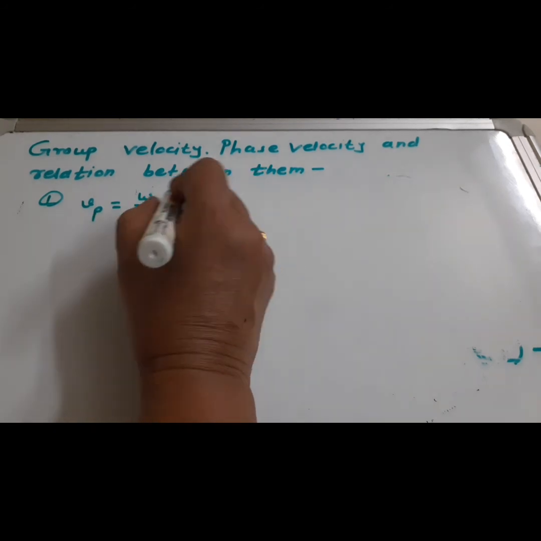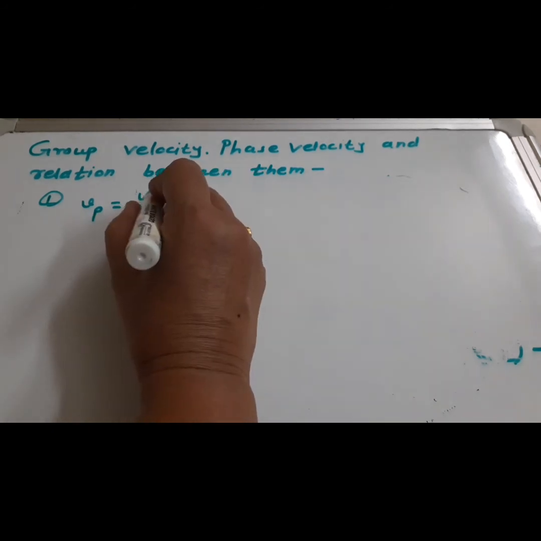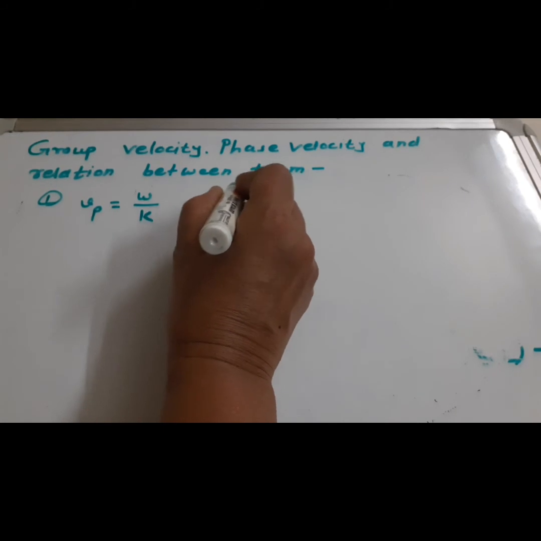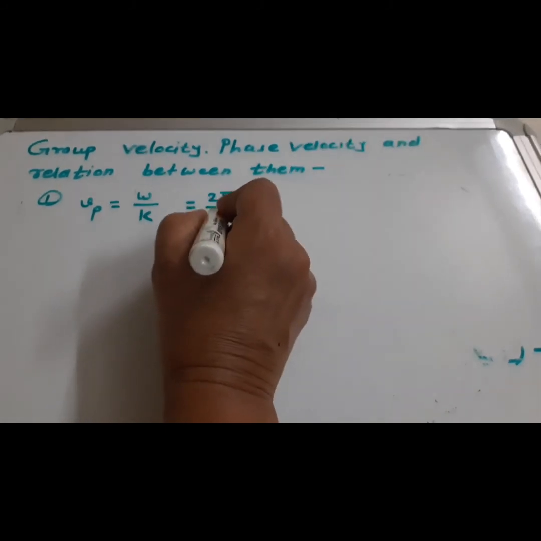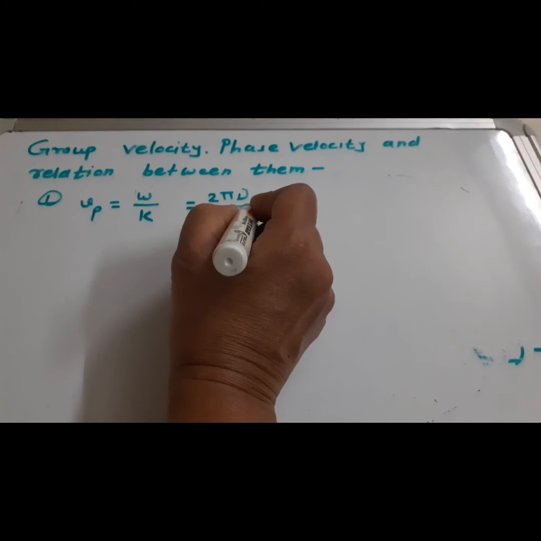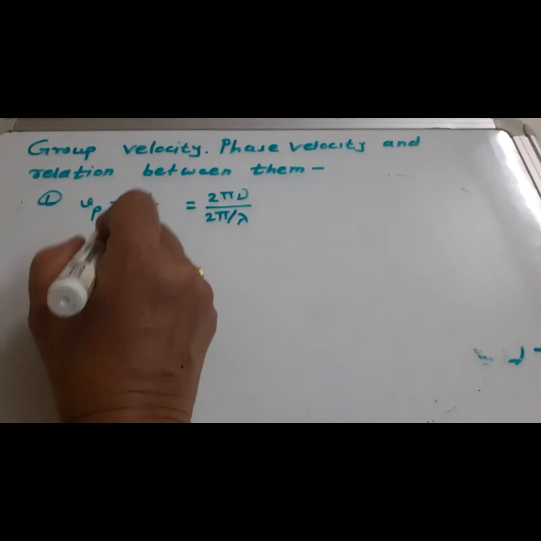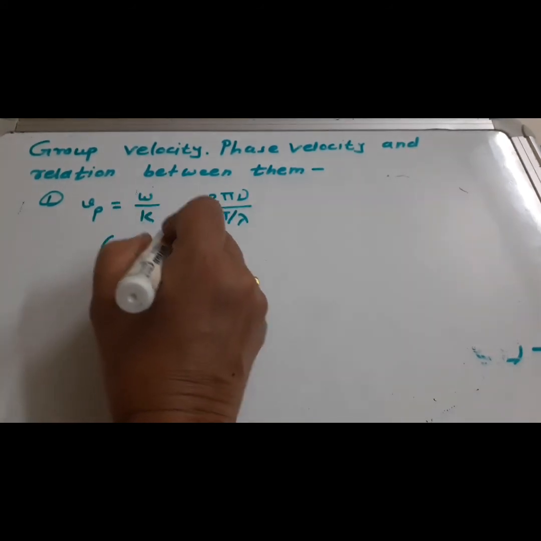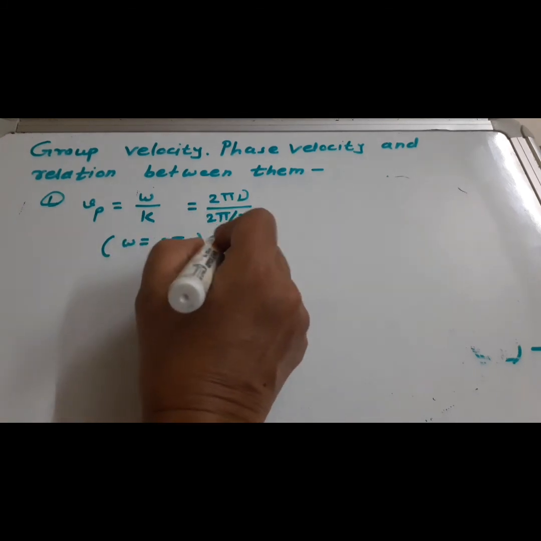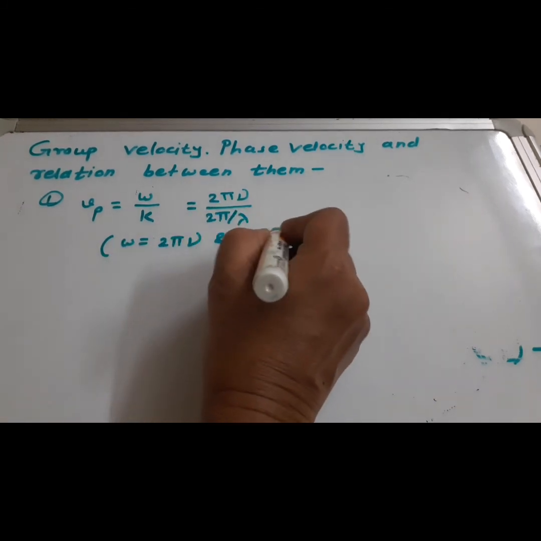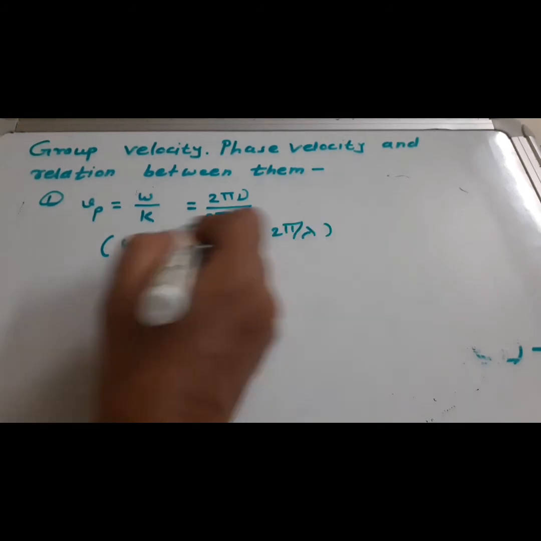We know that omega is equal to 2 pi nu and k is equal to 2 pi by lambda.